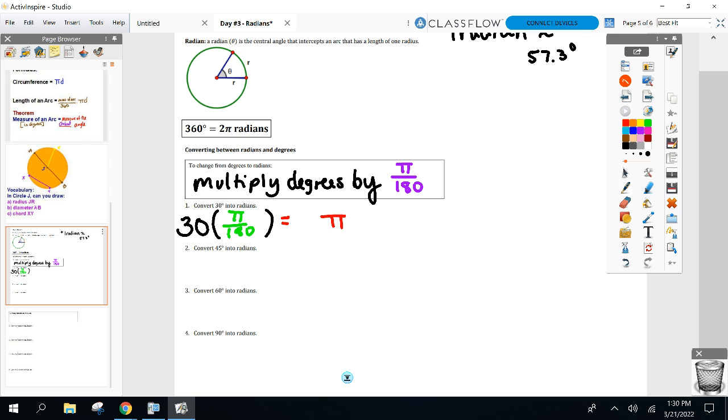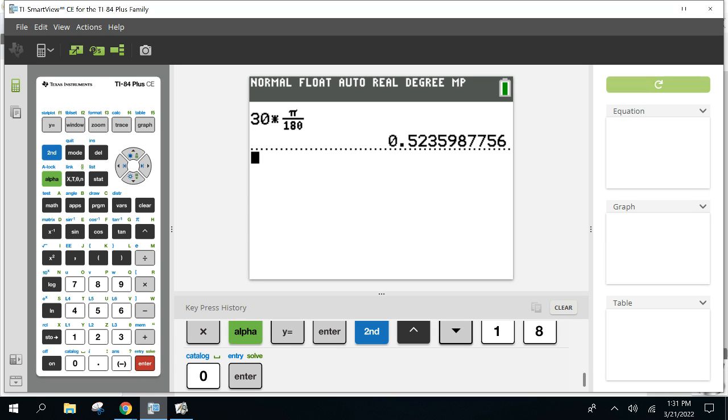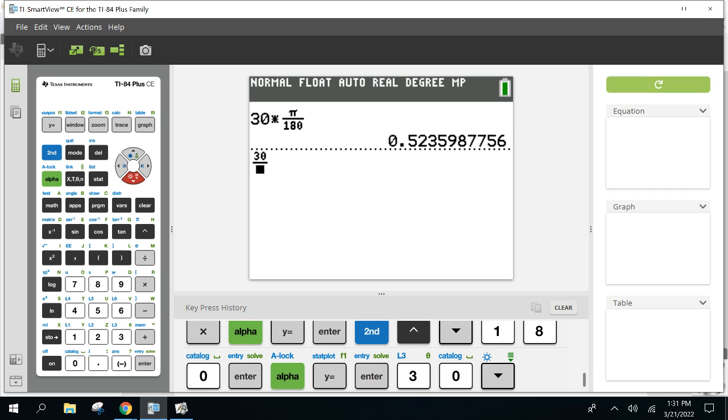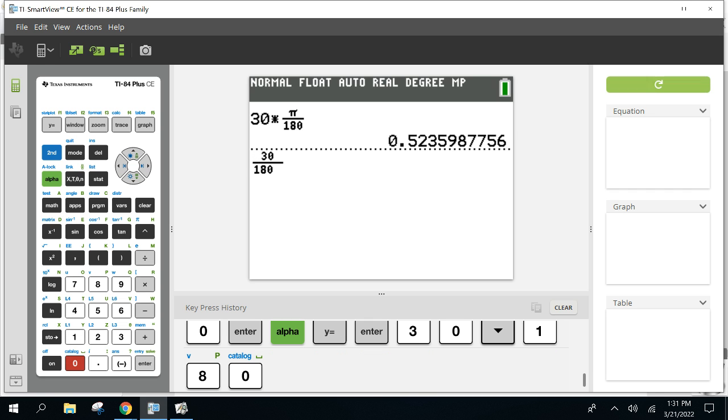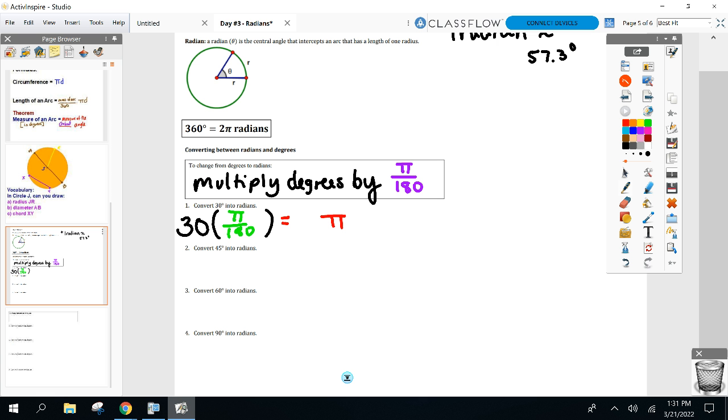I get my fraction template out and do 30 over 180. The calculator will automatically reduce it for me. So 1 over 6. So 30 degrees in radians, and how I want it written, is 1 pi over 6 radians.